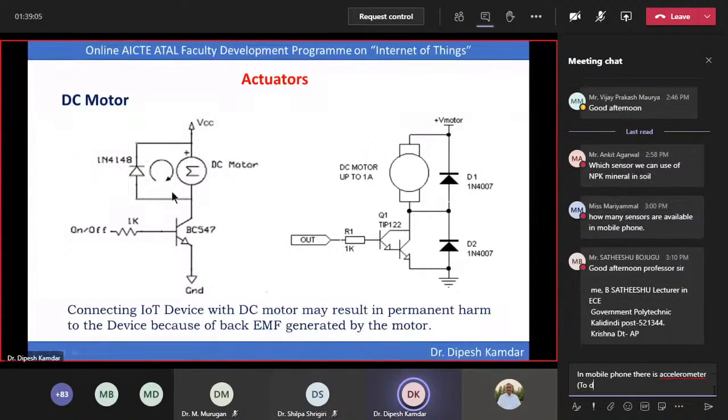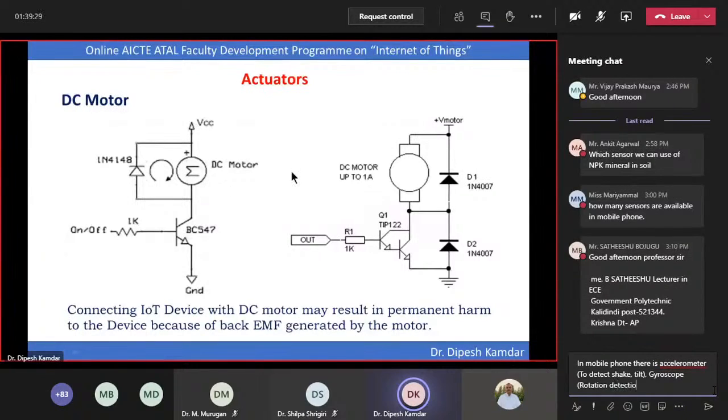A DC motor can also be used as a generator, so some back EMF is generated, and for that back EMF we put a freewheeling diode across the motor. This can be a 1N4148, or a 1N4007 can also be placed here.